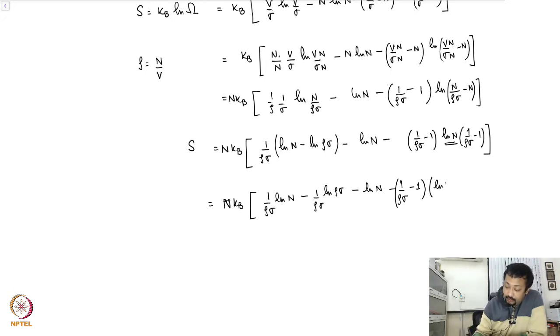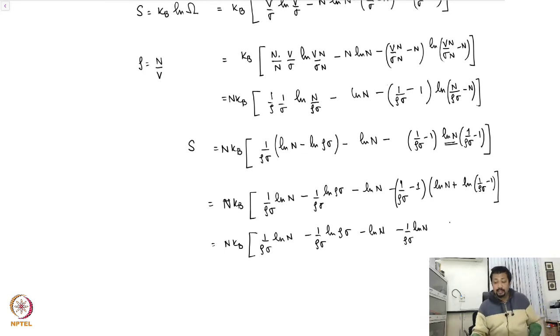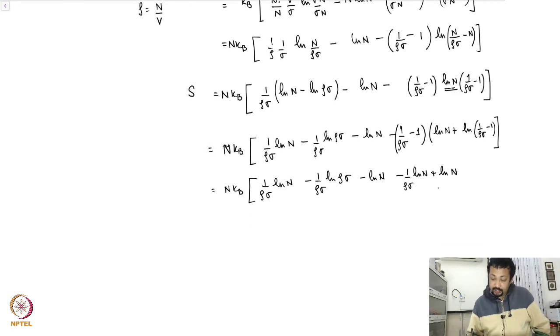Times ln n, minus plus ln of 1 over rho sigma minus 1. So this is nKb 1 over rho sigma ln n minus 1 over rho sigma ln rho sigma minus ln n minus 1 over rho sigma times ln n, and then I have plus ln of n, and I have minus 1 over rho sigma minus 1 ln of 1 over rho sigma minus 1.